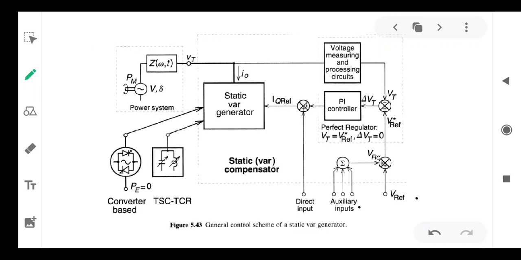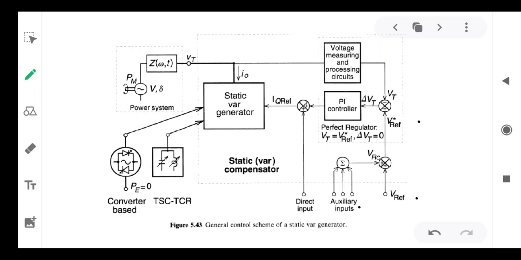So auxiliary inputs are taken here and get summed here, to derive the actual voltage, proportional voltage of the system, in order to derive the reference voltage for the regulator.